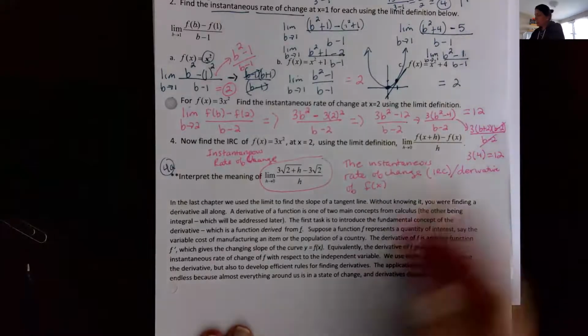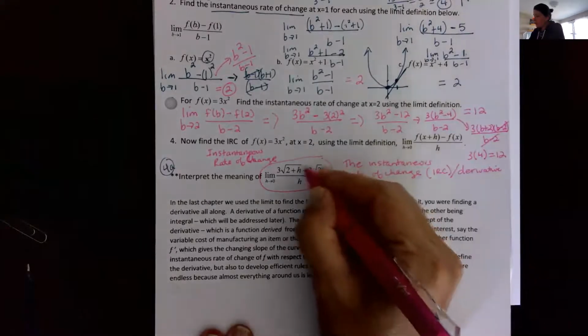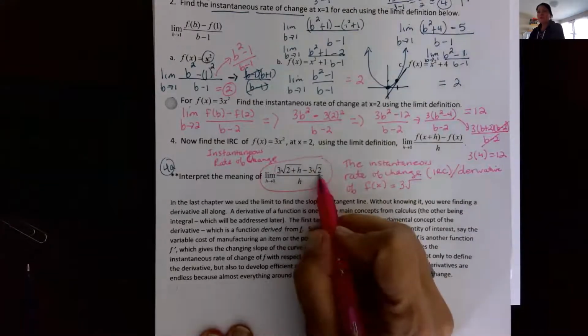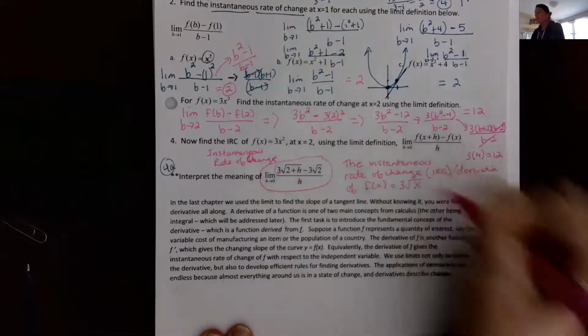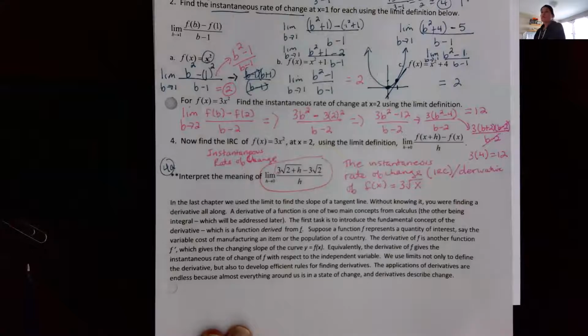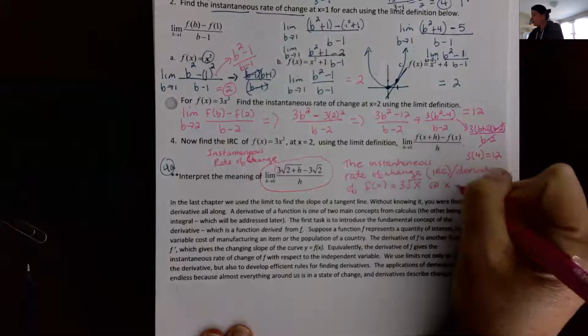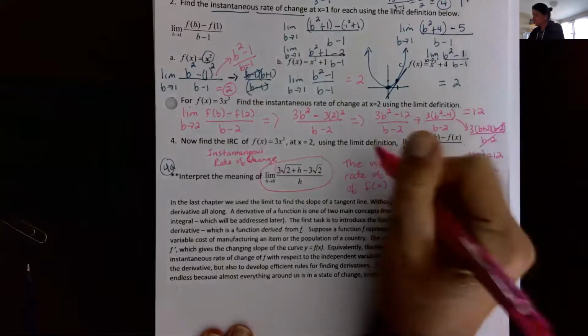F of x equals, the coefficient is 3. The 2 is plugged in for the x. So 3 root x, so we're taking the instantaneous rate of change of 3 root x at an x value of 2.